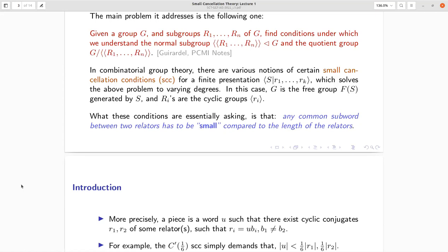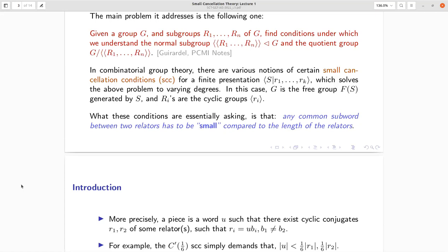So whenever the boundaries of these disks overlap, we will have some common subword on the boundary. What happens if the lengths of the common subwords are small compared to the length of the entire boundary?